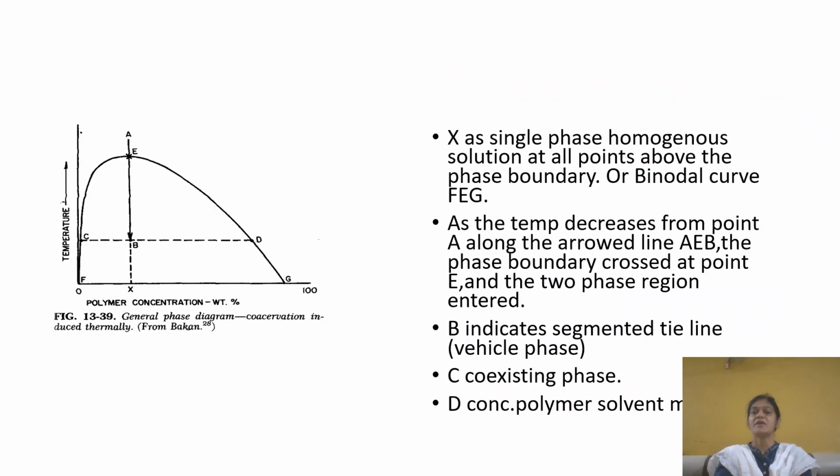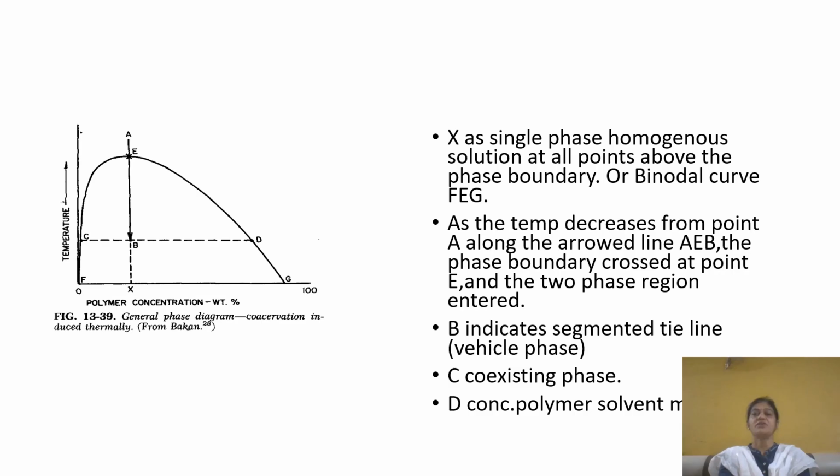Now there is the phase diagram. In this phase diagram, X acts as a single phase homogeneous solution at all points at or above the phase boundary. This is also the binodal curve formation, and that binodal curve is FEG.